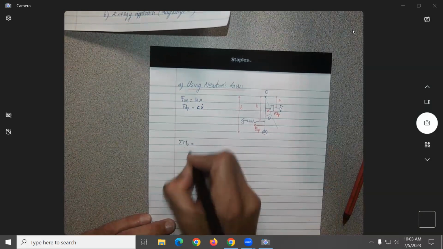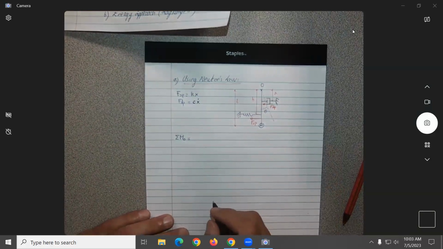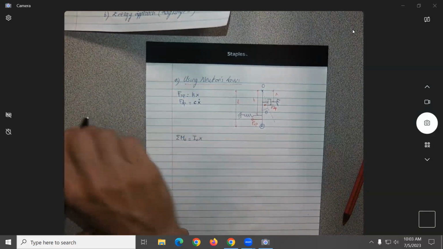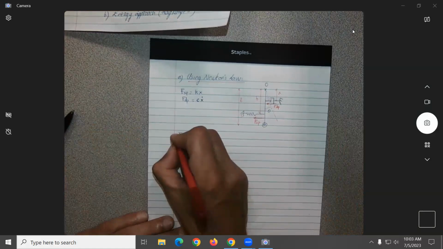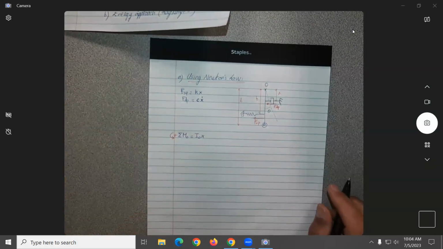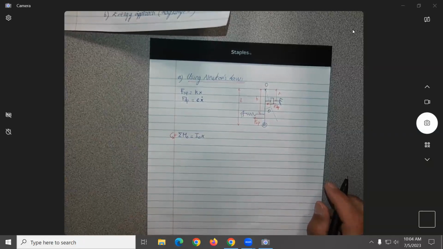Then the motion would be equal to what? We can take the summation of moments about point O and say this is I_O alpha. I think we already did a couple of problems like this, no?